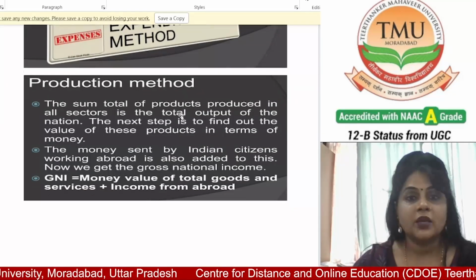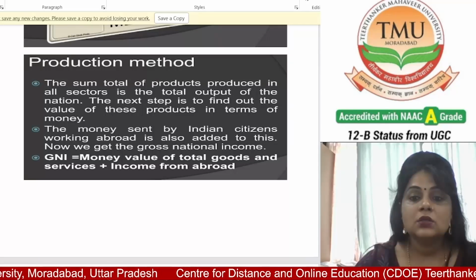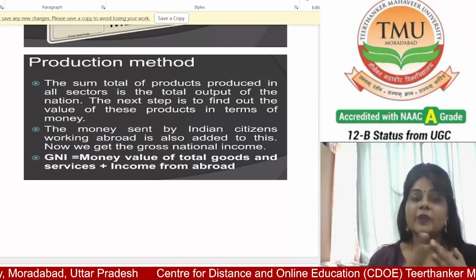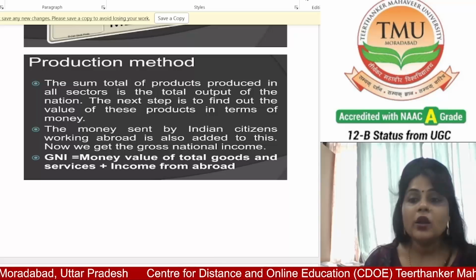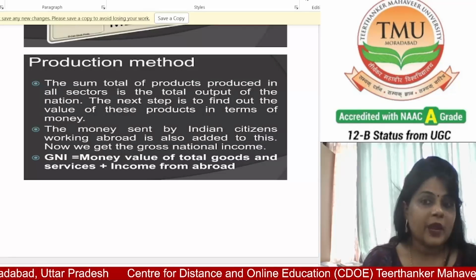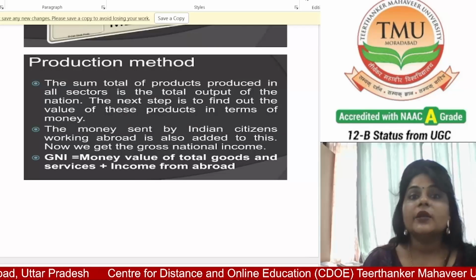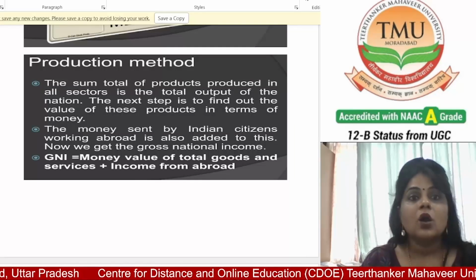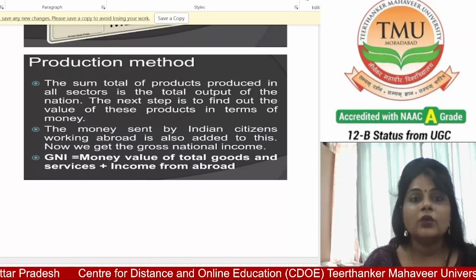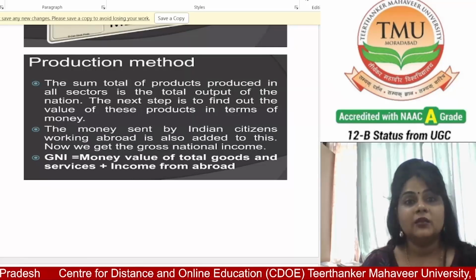Now, production method. The sum total of products produced in all sectors, primary sector, secondary sector, and tertiary sector, is the total output of nations. The next step is to find out the value of these products in terms of money.